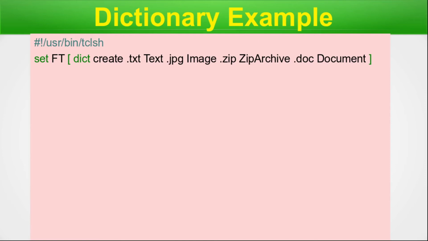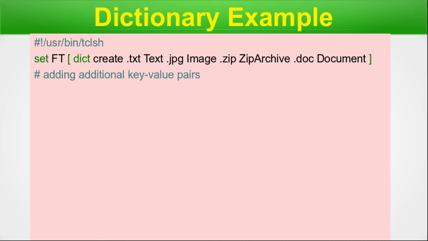So .txt is the key and the value is text. .jpg is image. .zip is a zip archive. .doc is a document. So here we have used four key value pairs to create a dictionary. This way we can use dict create to create a dictionary.